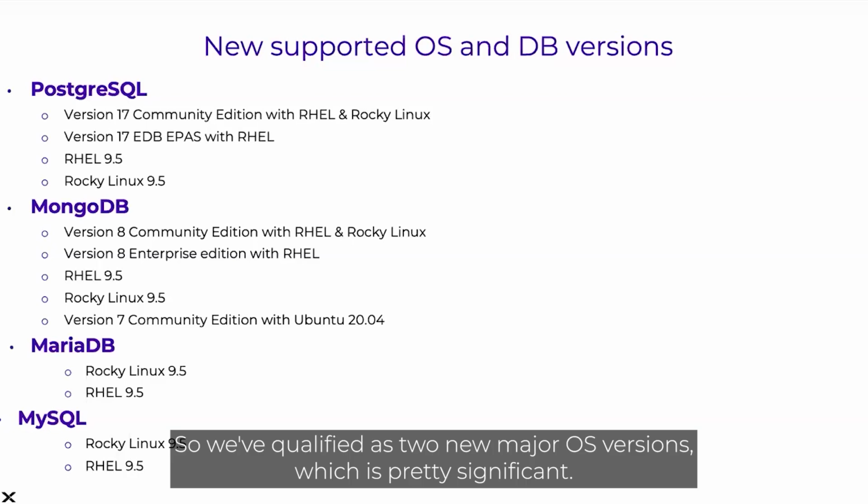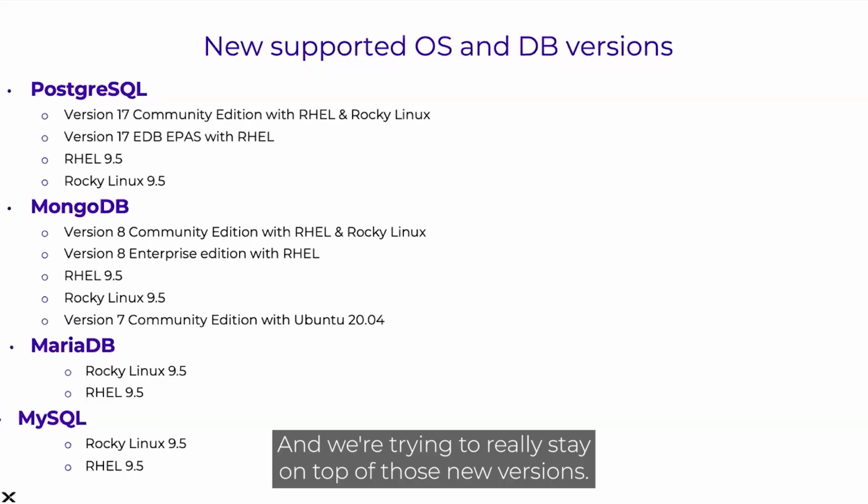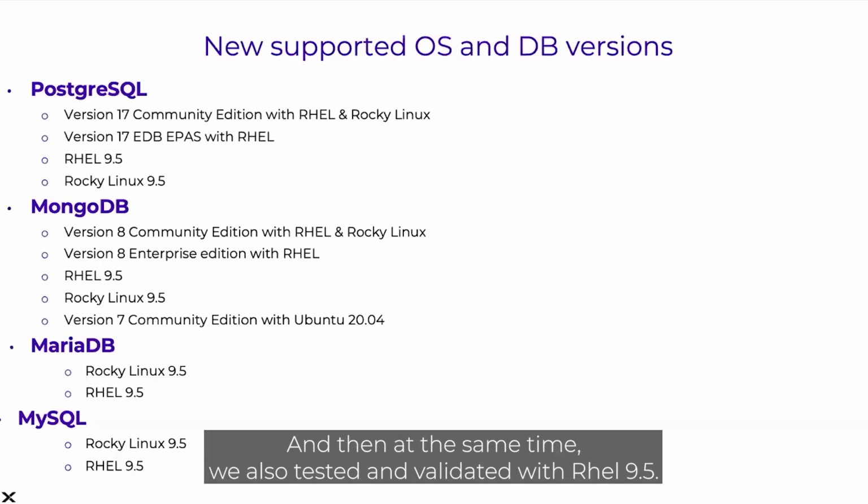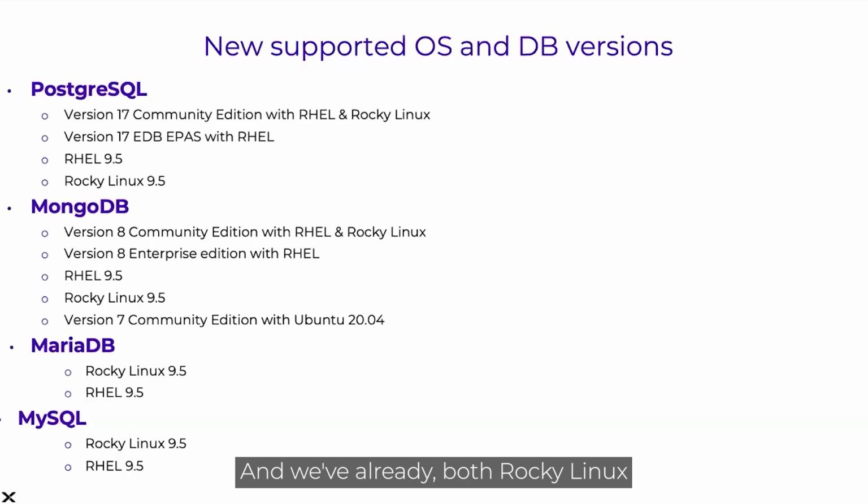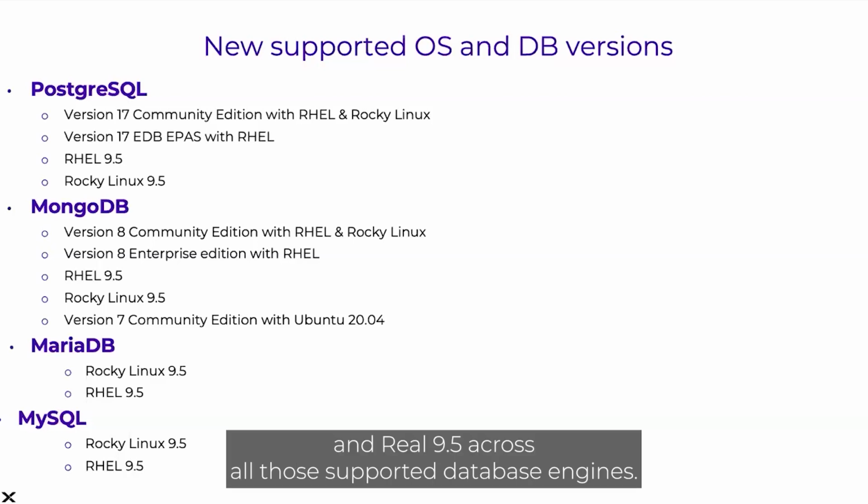So we've qualified these 2 new major versions, which is pretty significant, and we're trying to really stay on top of those new versions. And then at the same time, we also tested and validated with RHEL 9.5. And we validated both Rocky Linux and RHEL 9.5 across all those supported database engines.